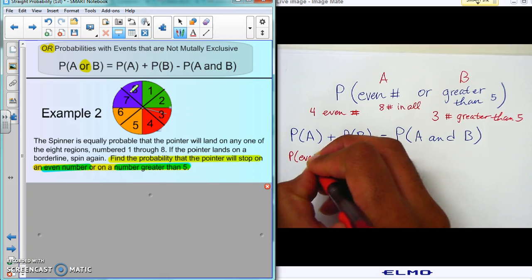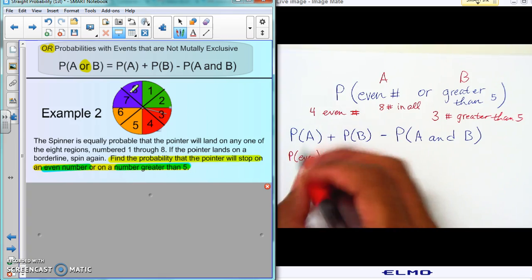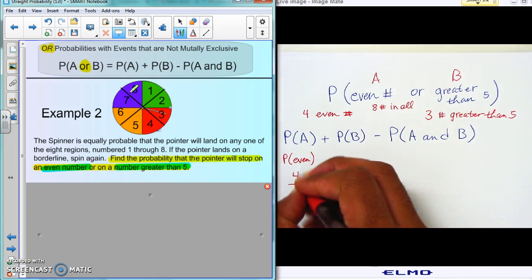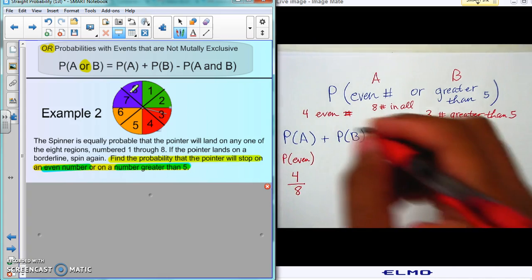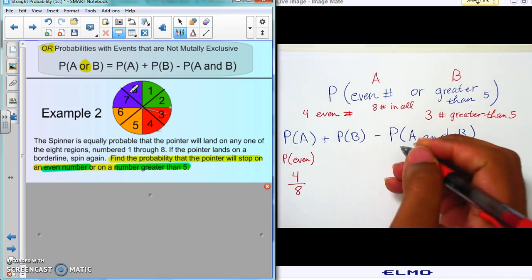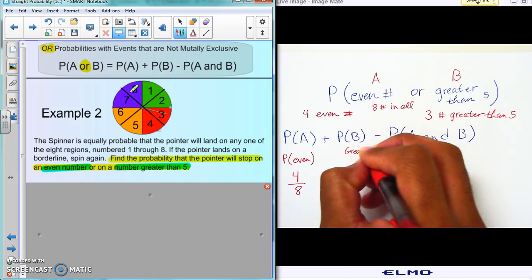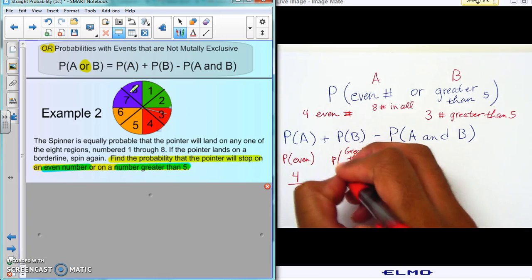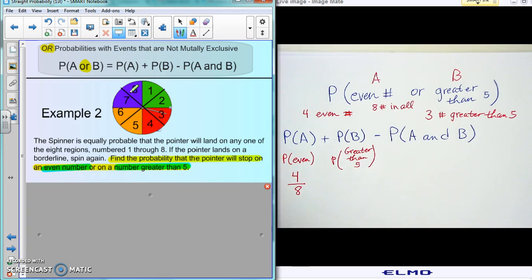Probability of even means there's going to be 4 even numbers out of 8 numbers in all. 4 out of 8. All right. The second thing, probability of numbers greater than 5. Our probability for that is 3 numbers out of 8. 3 out of 8.